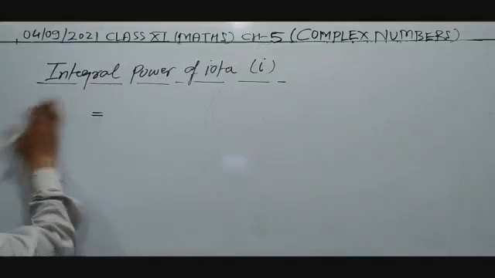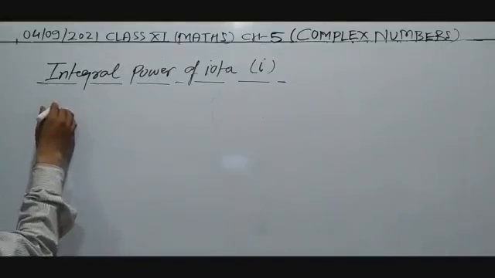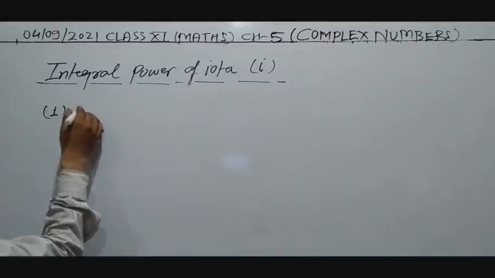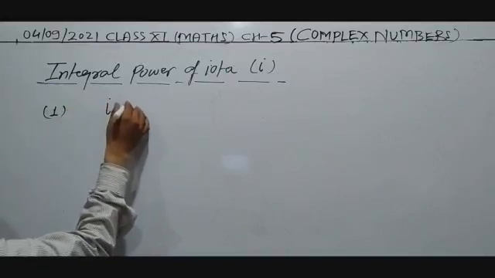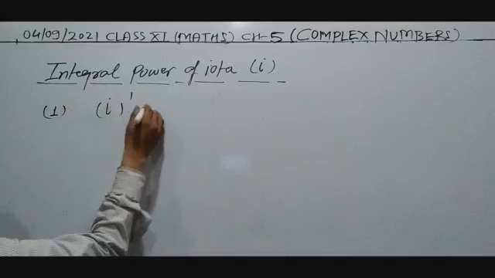There are 4 values in integral powers of iota. The first value is i, that is i to the power 1.